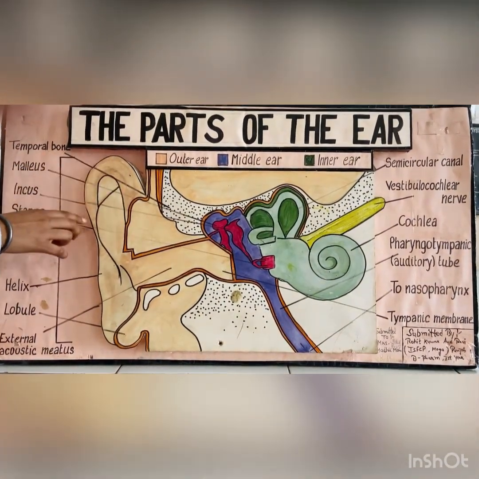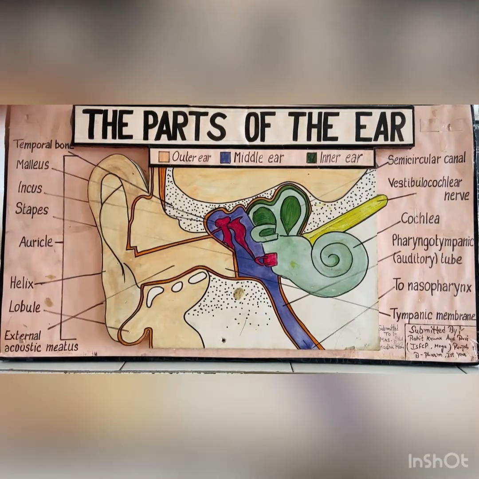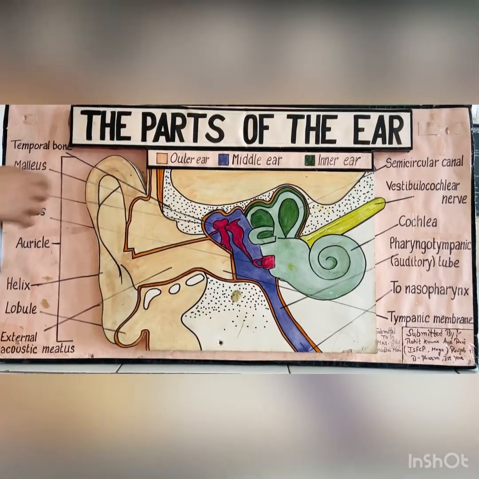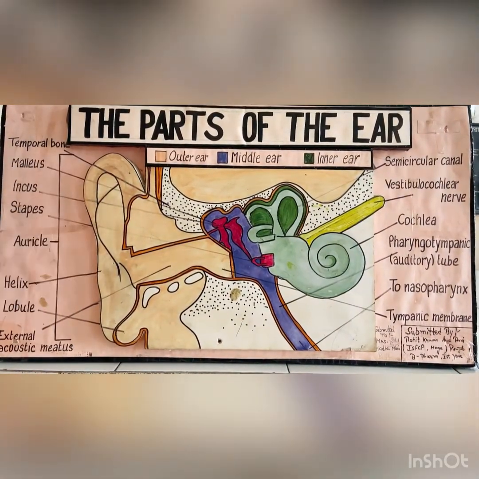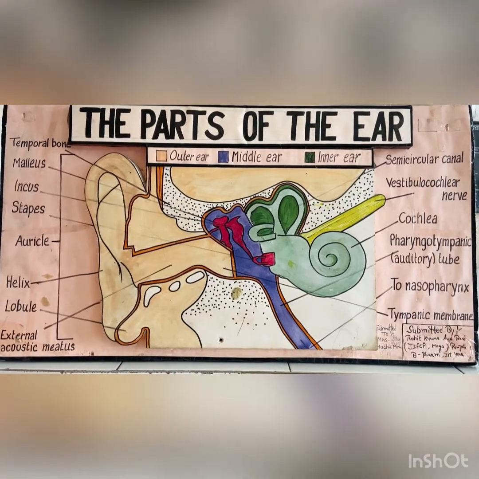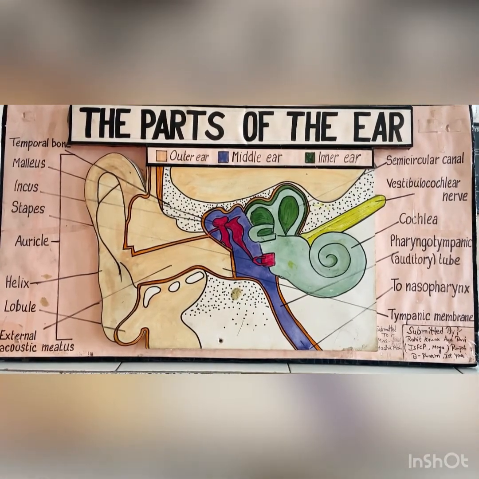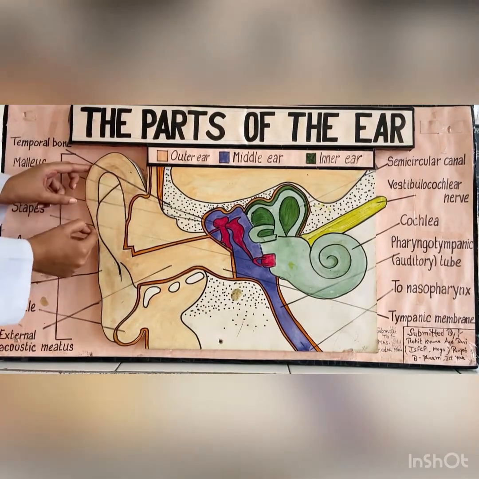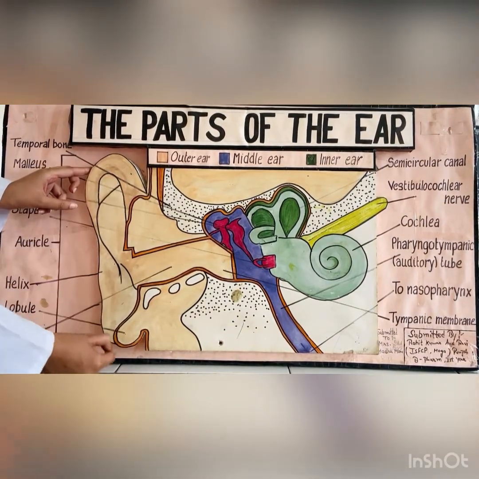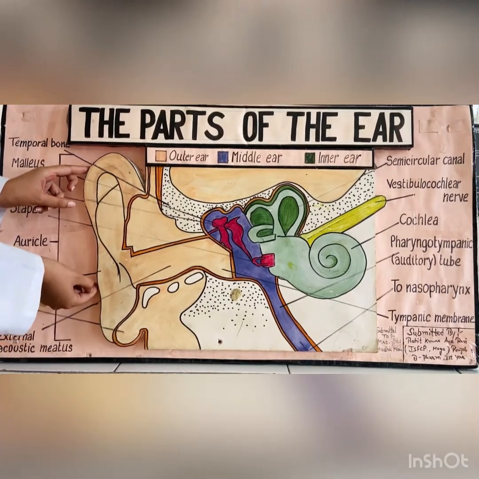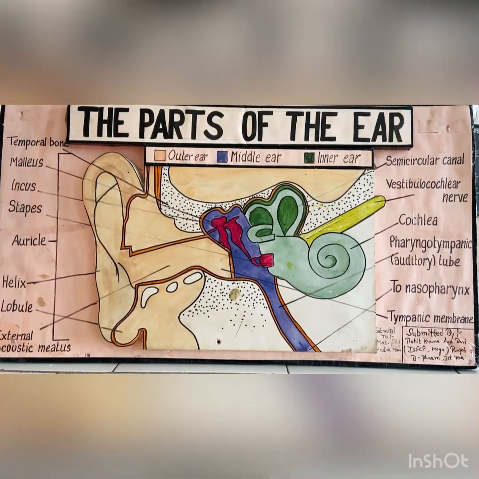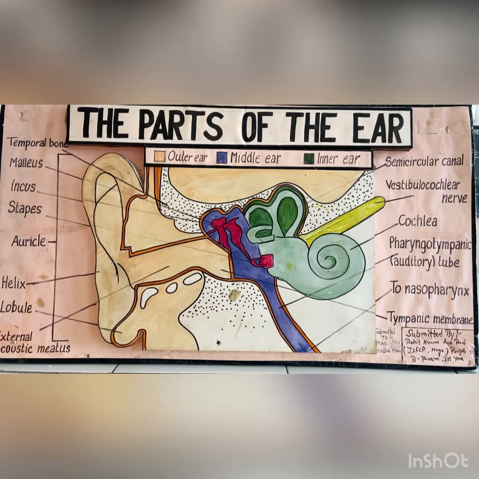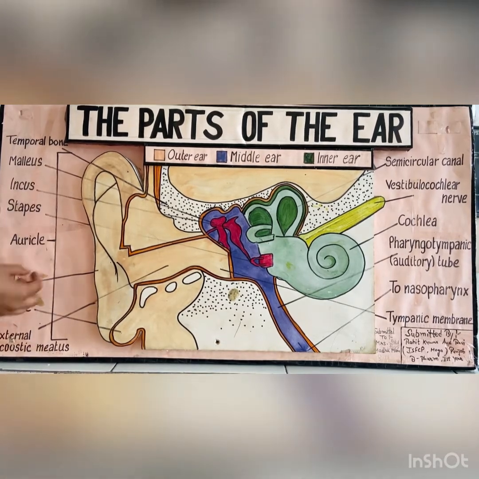The auricle is the visible part of the ear and it is composed of fibroelastic cartilage which is covered with skin. It is highly grooved, that means it has various cuts and ridges present over its surface. The most prominent outer ridge is the helix.